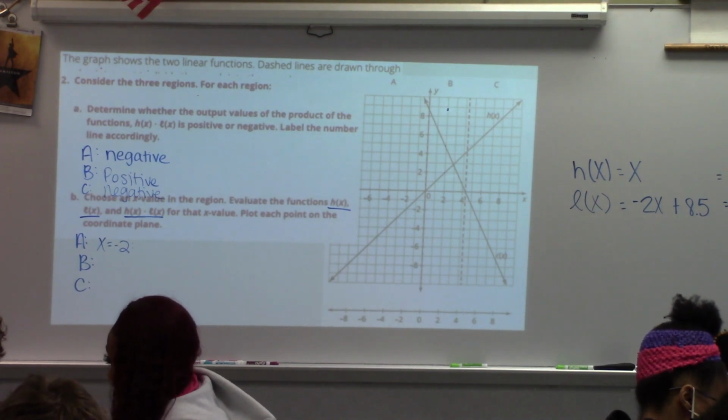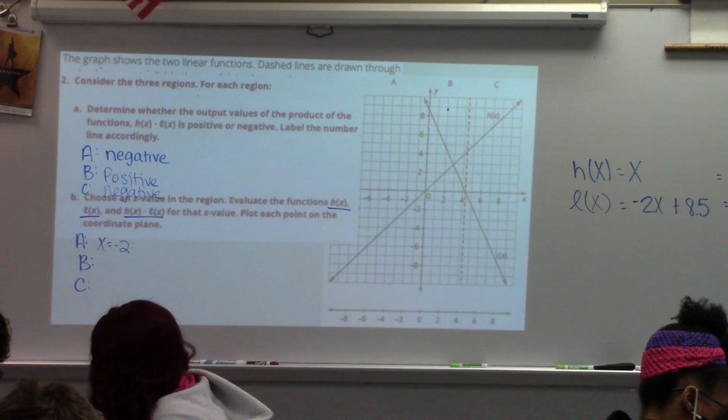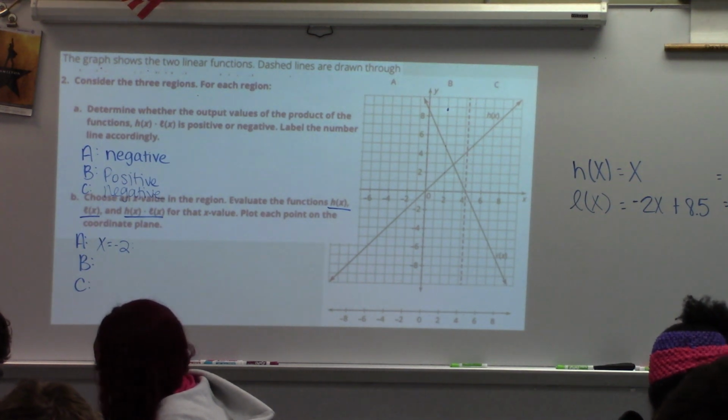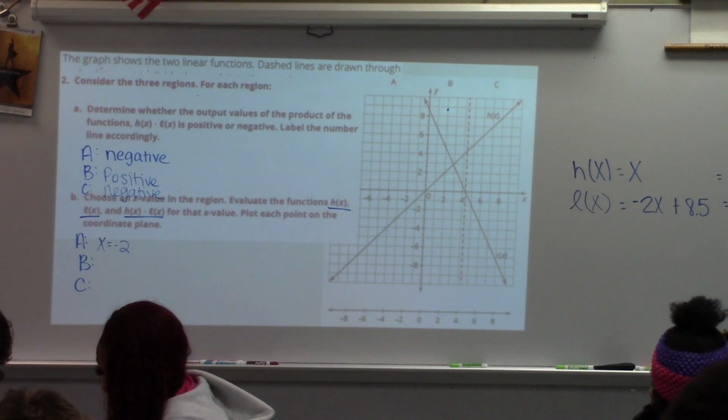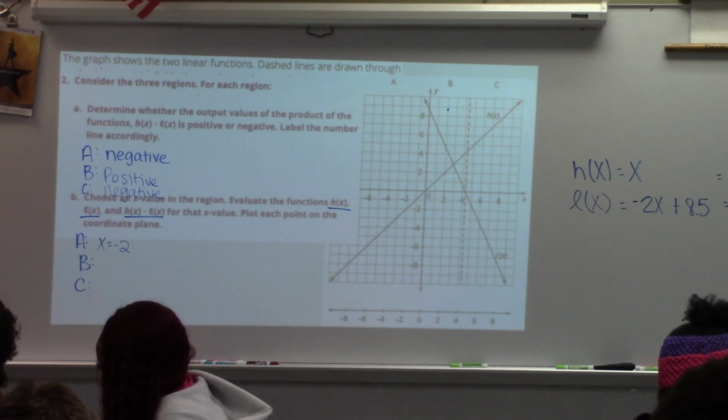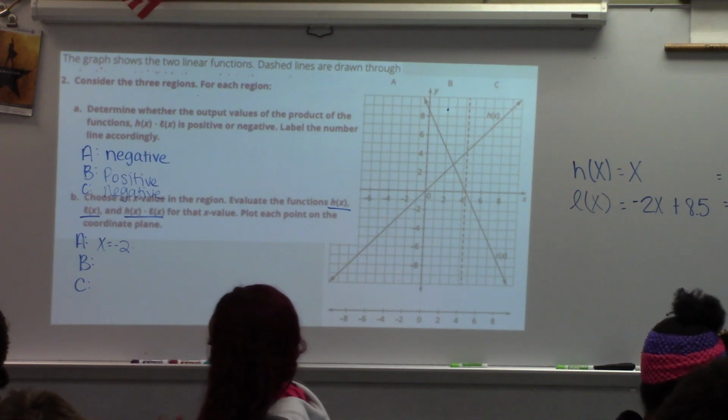This has already been A, because it's on this side of the line, right? Okay. And then it's everything on this side, because you see this is crossing the x-axis here, that's why they draw that line.